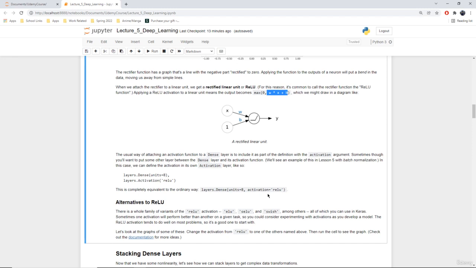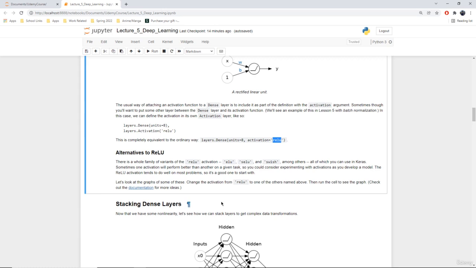In code, we might put this after our dense layer, or we can put it in one line here and just pass it through the activation parameter of this dense layer as a simple string.